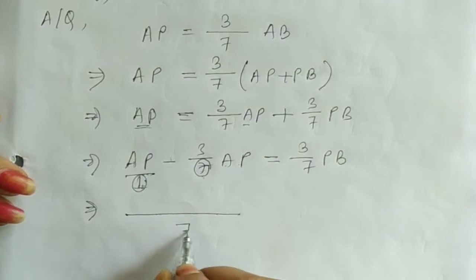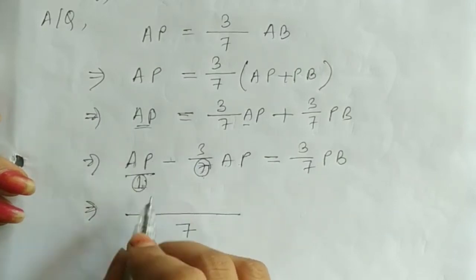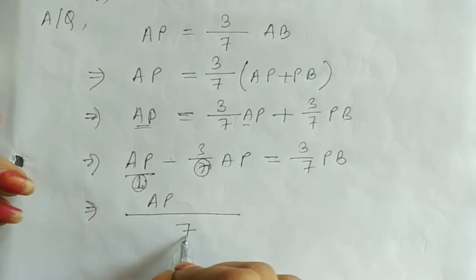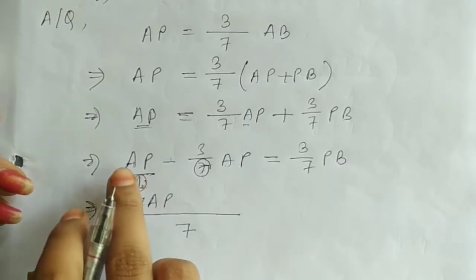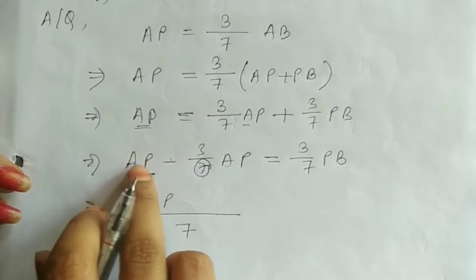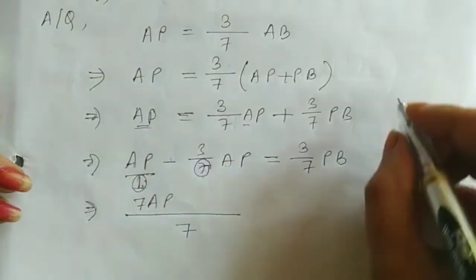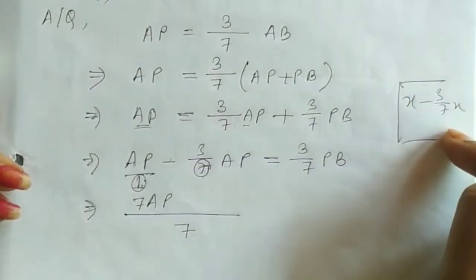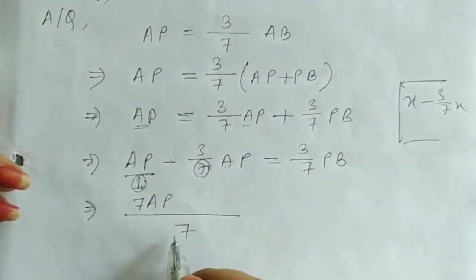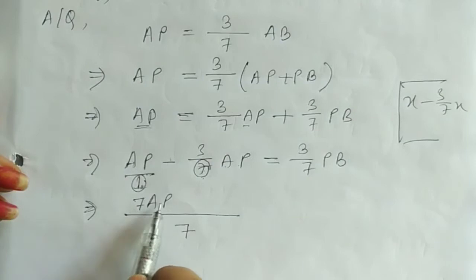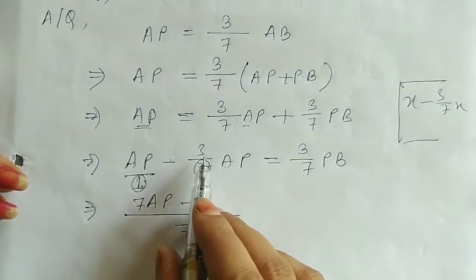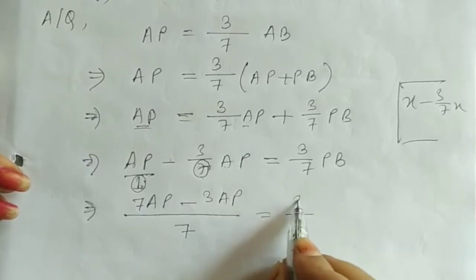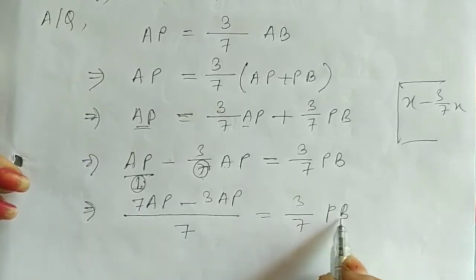So taking 7 as LCM, AP is here, only 1 is here, 1 into 7 equals 7. So 7 AP minus, already 7 is there, so here thrice of AP. Then thrice of PB over 7.